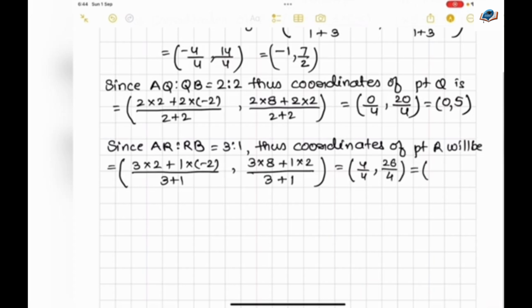So that will be equal to 1, comma 13 by 2.